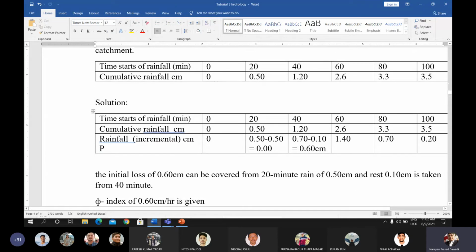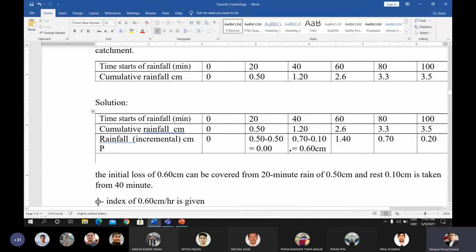For the second 20 minute rainfall, the total depth of rainfall is 0.70, and for fulfilling the remaining 0.10 centimeter of the initial loss, this value is deducted from the second 20 minute interval.